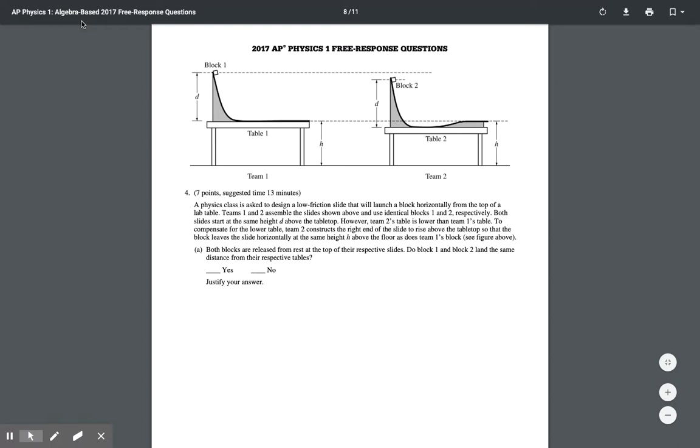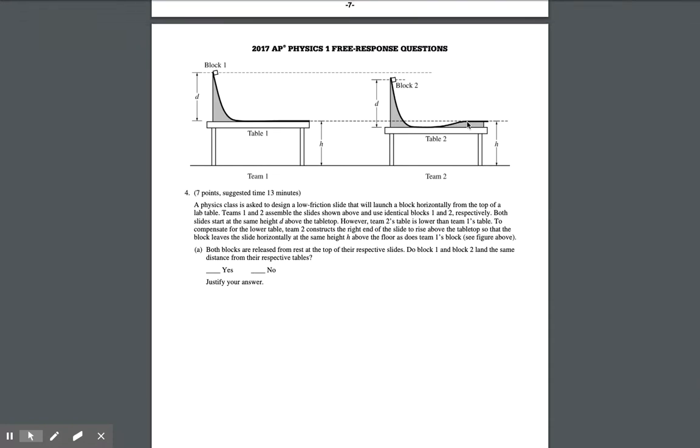To compensate for the lower table, Team 2 constructs the right end of the slide to rise above the tabletop so that the block leaves the slide horizontally at the same height H above the floor, as does Team 1's block. See figure above. So table 2 is shorter. They add this little ramp to the end of their incline.